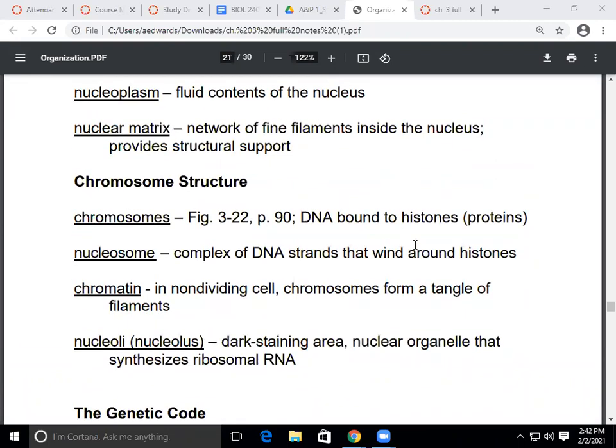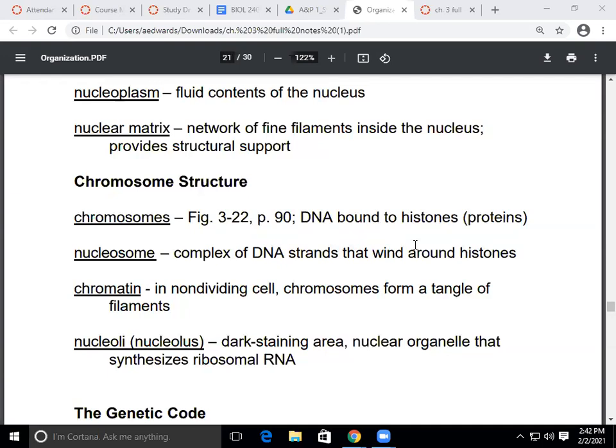So just like the cytoplasm was where the fluid inside the cell was, the nucleoplasm is where the fluid inside the nucleus is. All right, and then you have the nuclear matrix, and it's a network of fine filaments that are inside your nucleus. Okay, it's going to provide structural support.